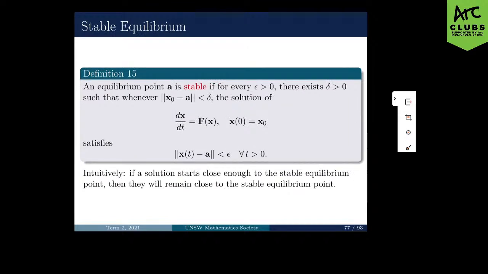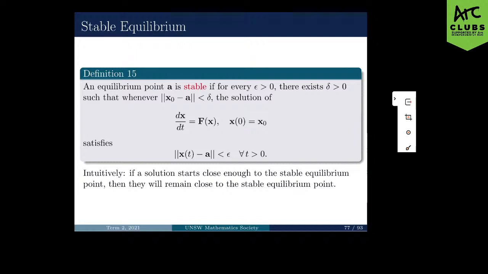A question that we often want to ask about equilibrium points is whether or not they're stable. And there are two types of stability: neutral stability and asymptotic stability. We'll first talk about neutral stability.